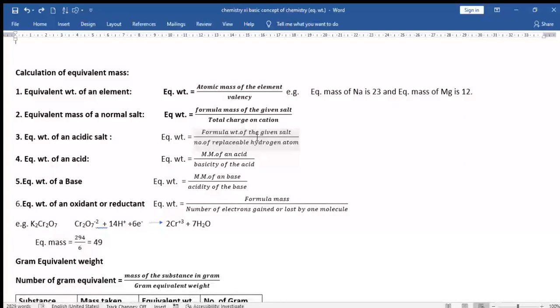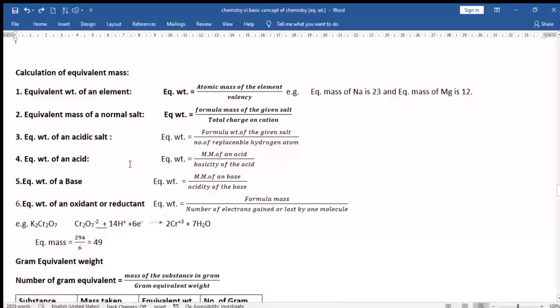You get the formula weight. Next, here 2 hydrogen atoms are present which are replaceable. So we have to write the number 2 in place of the number of replaceable hydrogen atoms.